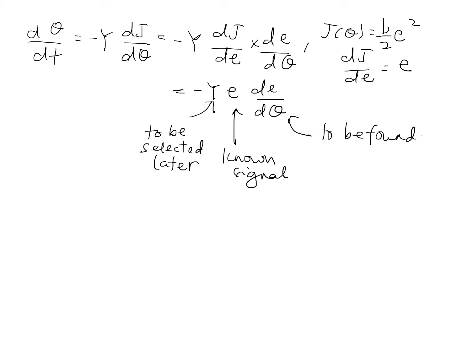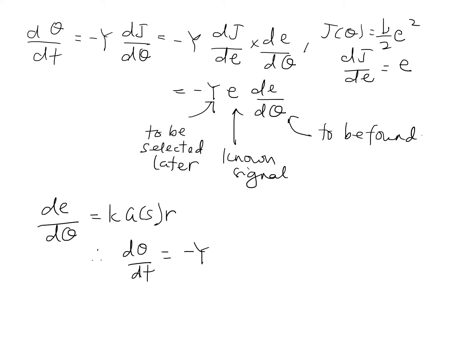As we have derived in previous slides, we get de/dt equal to k g(s) r. Therefore, dθ/dt is equal to negative γ e k g(s) r.